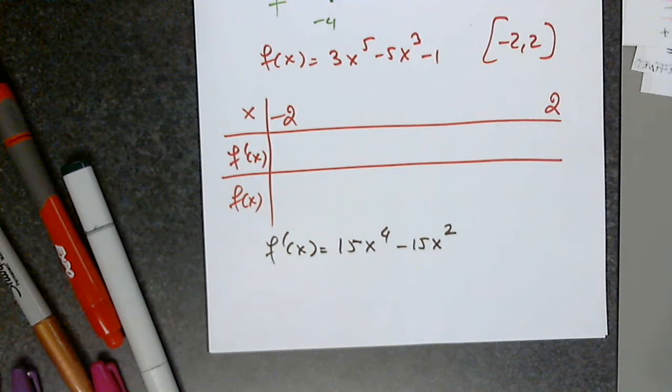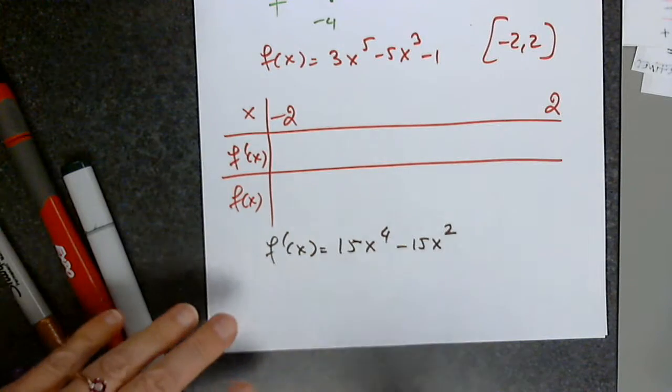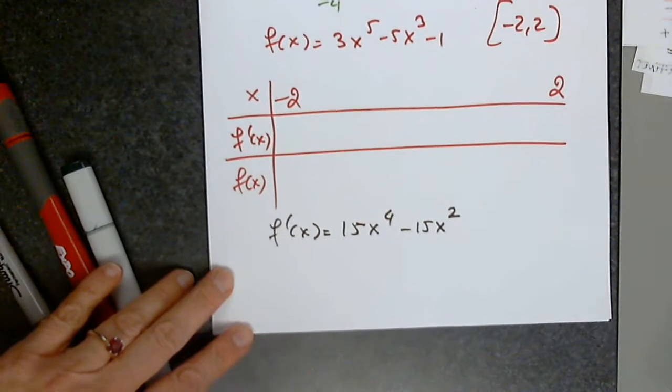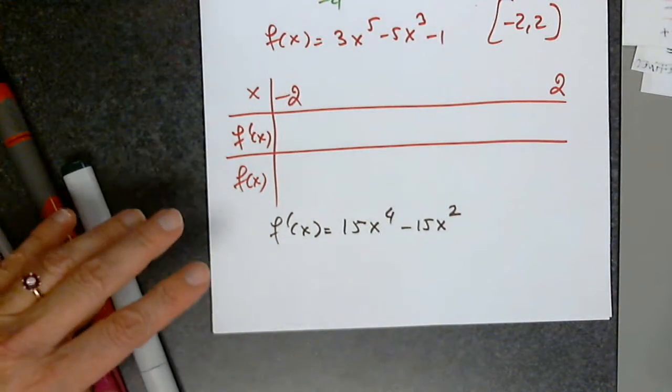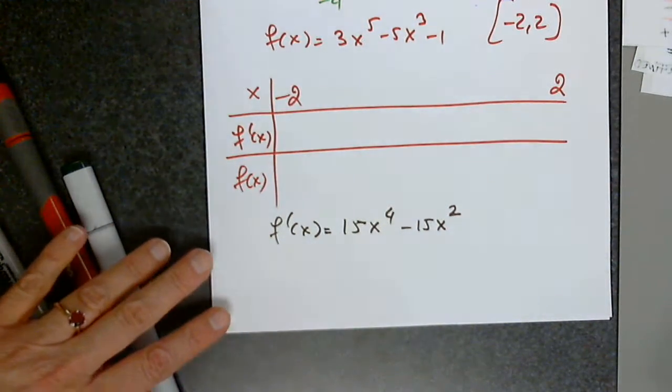What will be my next step? I can get to positive or negative before I find its critical numbers. They come from two sources, but one of them is not possible here. Which one is not possible here? The undefined. It's polynomial. It's always defined.